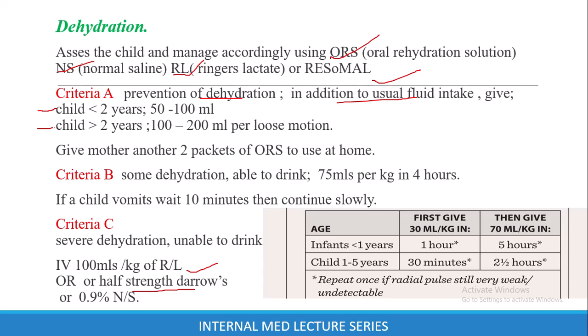For infants less than 1 year, you give 30 ml per kg in 1 hour and then 70 ml per kg in 5 hours. For a child 1 year to 5 years, you give 30 ml per kg in 30 minutes, and then 70 ml per kg in the next 2.5 hours.